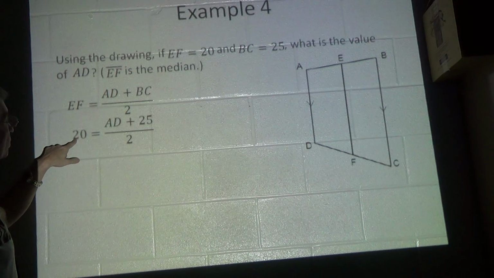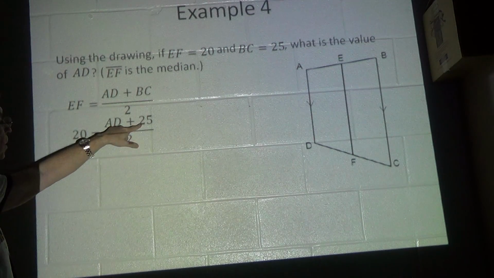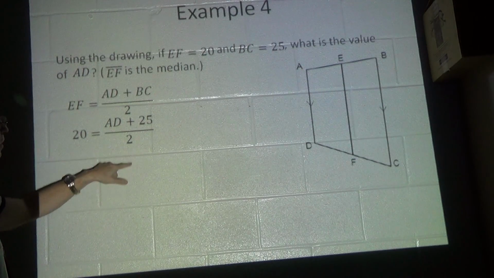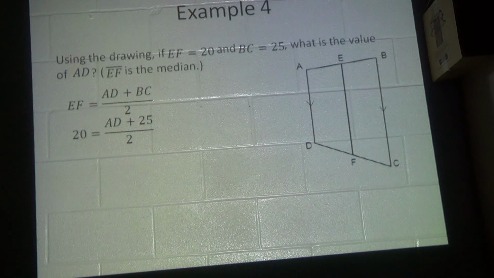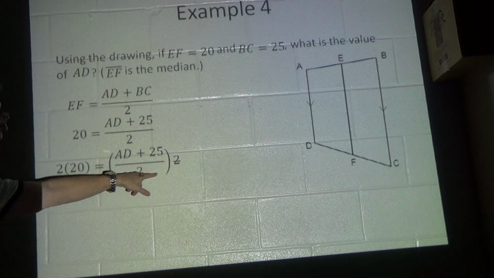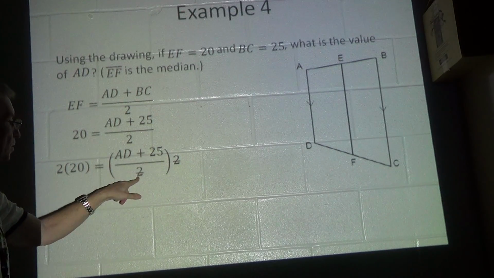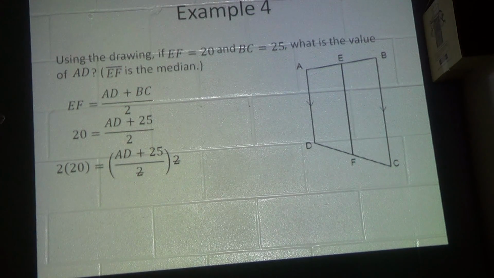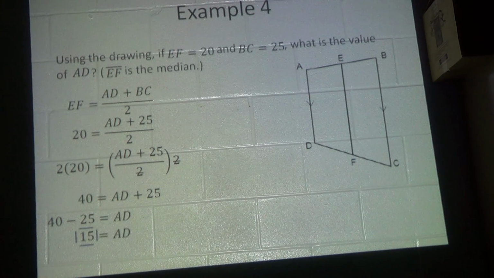We plug in what we know: EF is 20, BC is 25, and we divide by 2. The next thing we do is multiply both sides by 2. That gives me 2 times 20 and 2 times the whole expression. The 2's cancel on this side, so this gives me 40 equals AD plus 25. Subtract the 25 from both sides, and 15 is equal to the length of AD.